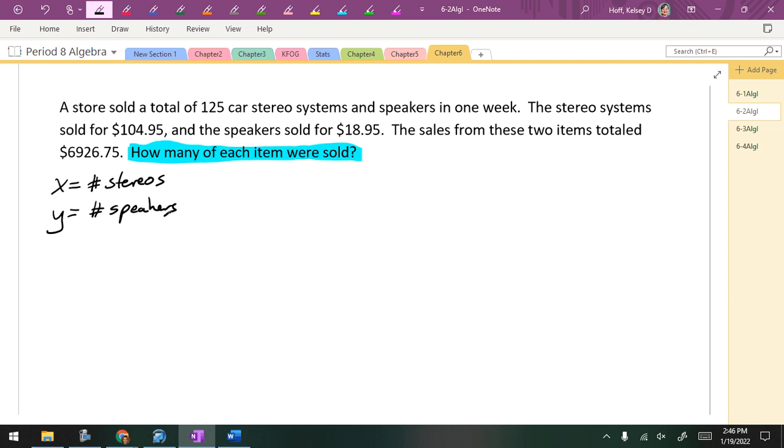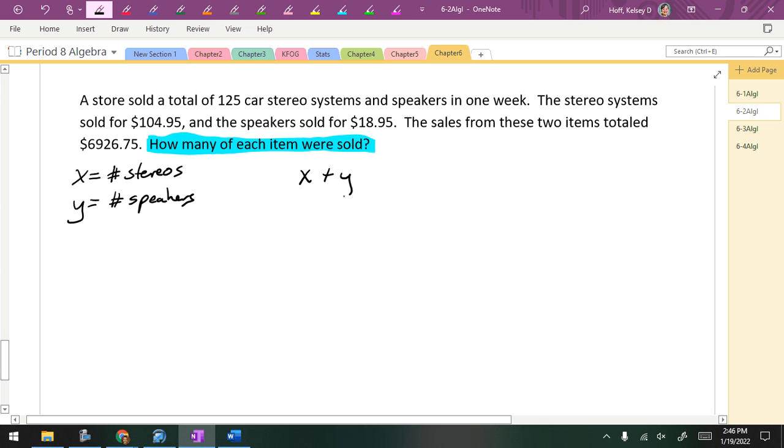Thatcher. X plus Y equals 6,926.75. Thoughts? Agree or disagree? The number of stereos sold plus the number of speakers sold equals $6,926.75. Disagree. Miles? The answer should be 125.